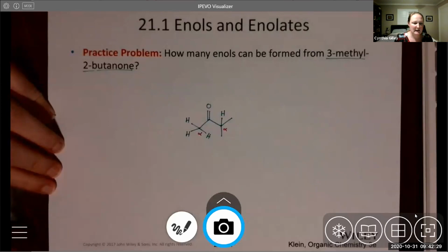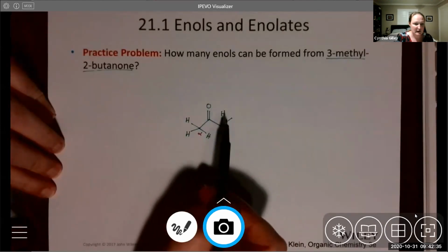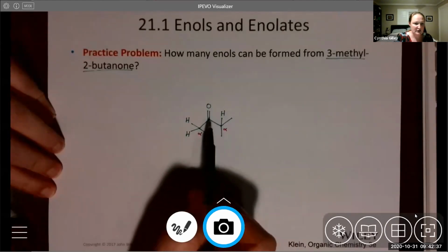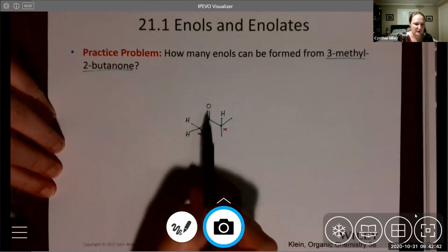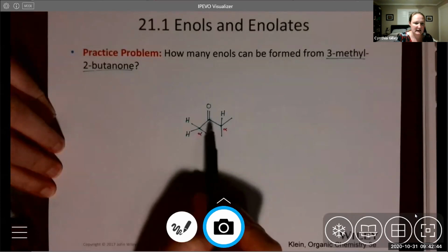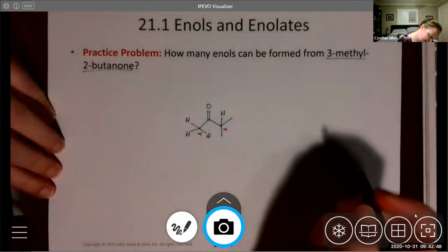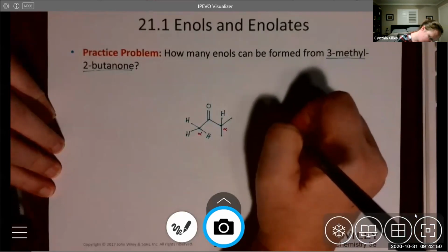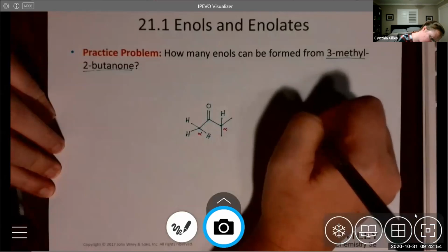So we can form enols by transferring one of these protons to the oxygen and forming a double bond in this direction, or transferring one of the protons on this alpha carbon to the oxygen and forming a double bond in this direction. So there are 2 enols that can be formed. We form an enol with the alpha carbon on the right.